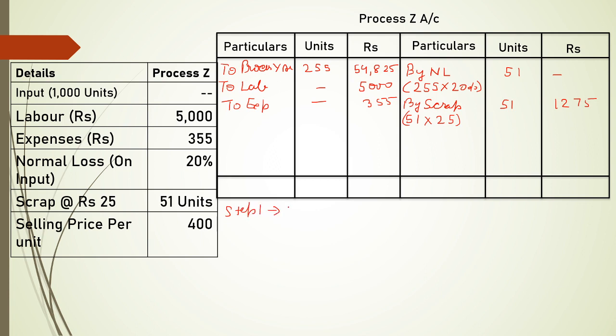Now again we follow these three steps to calculate cost per unit. Our first step is normal output, and the formula is input minus normal loss. Here the input is 255 units minus normal loss, that is 51 plus 51 equals 102 units. So our normal output is 153 units.